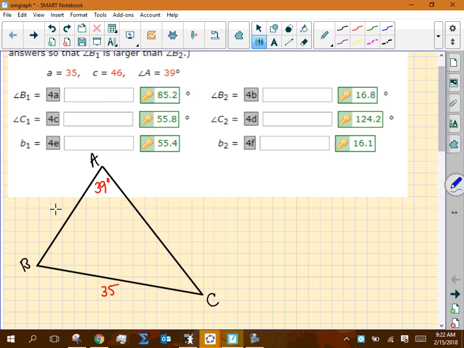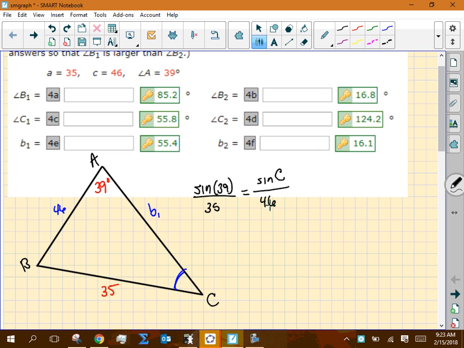So now c would be 46, right? And I need to find then angle C. All right? So I'm going to write, this would be lowercase b, and they're calling it B1, so I'm sure I use a B1 as well. Can we argue that the sine of 39 over 35 is equal to the sine of C over 46?